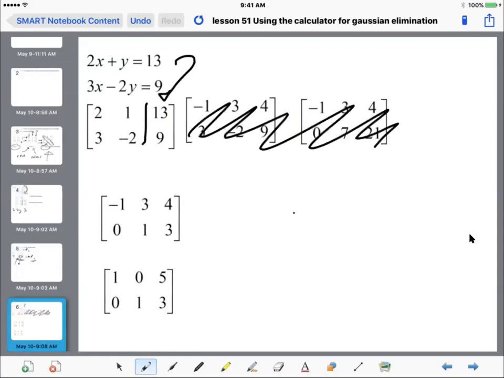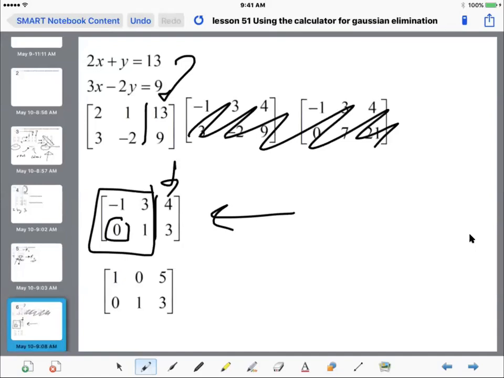But I did want to show you that if you ignore the last column of an augmented matrix, and just take this part of it, which is a square matrix, and if it's upper triangular, you could then turn that matrix back into a system of equations.